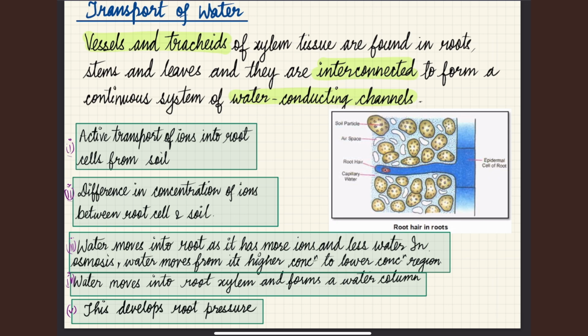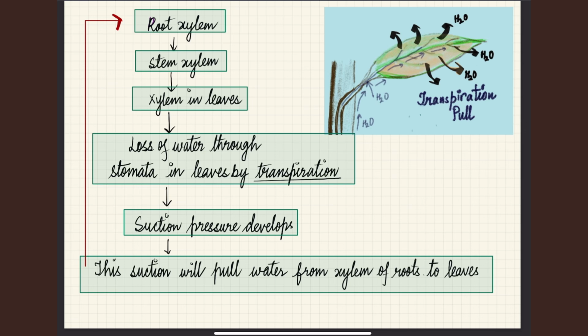So this would develop a root pressure, and we know that once the water enters into the root xylem, from there it will go to the stem xylem, from there it would go to the xylem found in leaves, and in the leaf there is another process going on which is transpiration.